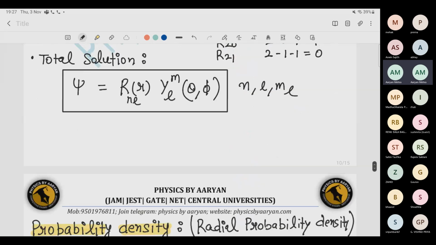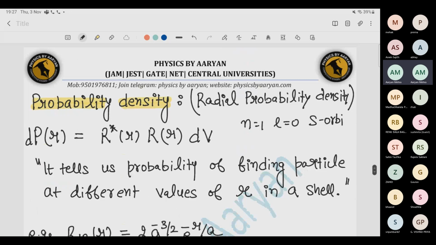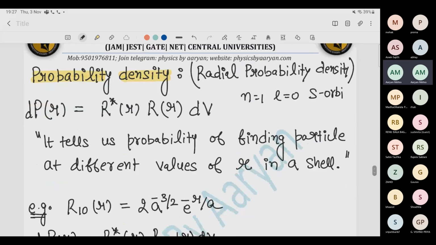How do you find the probability density mathematically? You take the conjugate and multiply it with itself. That will give you the probability density. Then when you plot it with the space parameter, you start getting the clouds. So for n equals 1, l equals 0, if you do it with these functions, you will see you are getting a spherical cloud.